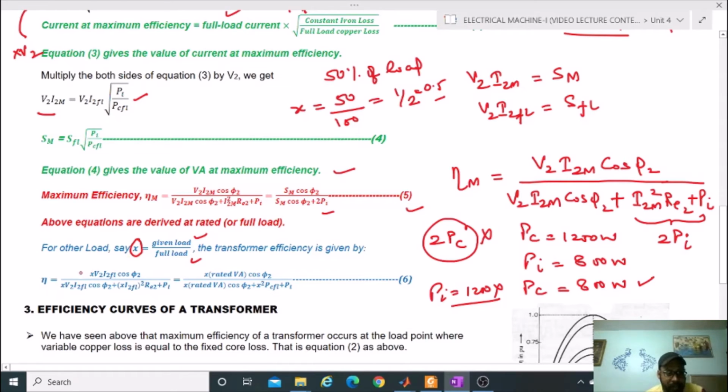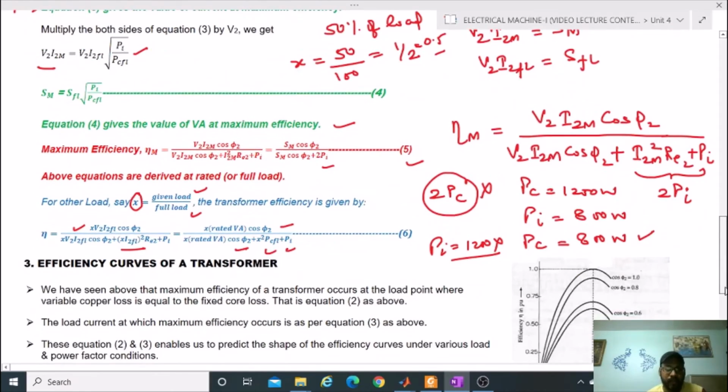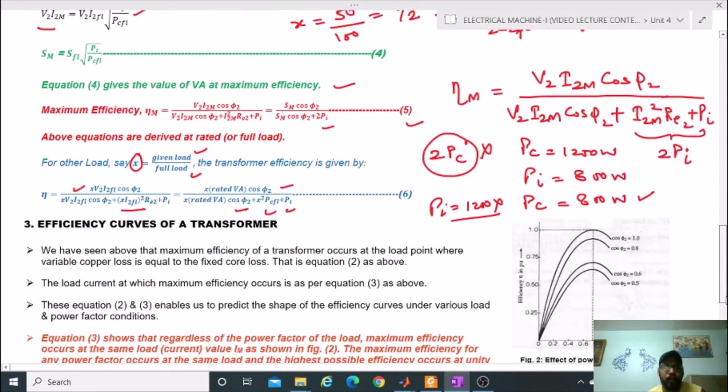This X will be multiplied in the numerator and this X also will be multiplied in the copper losses term. So at any other load, the efficiency will be equal to X into rated VA into cos phi 2, divided by X into rated VA cos phi 2 plus X square PCFL plus Pi, where X is the given load upon full load.